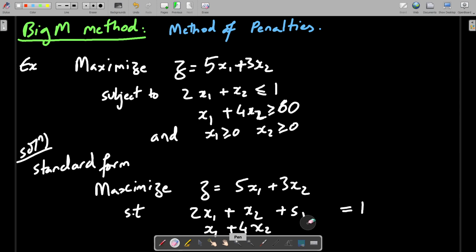So I'll have to use a slack variable. Sorry, surplus variable. So I'll have to subtract s2 over here. Okay.